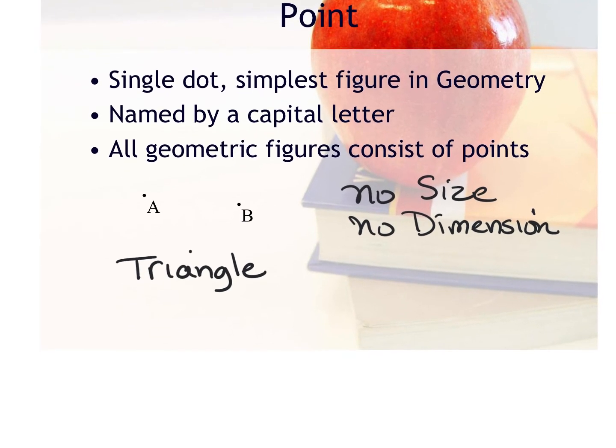So if I were to put 3 little points on my paper here and label them with a capital letter, A, B, C, and then connect these 3 points, I have just formed a geometric figure called a triangle. So all geometric figures are composed of or made up of points. So a point's always going to have a little dot next to it.